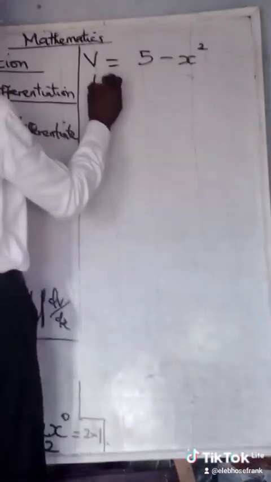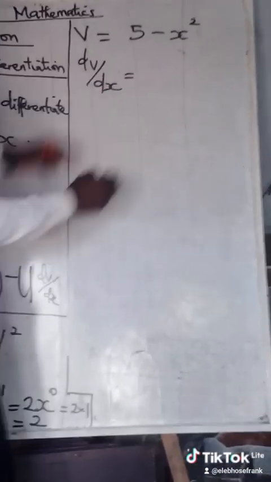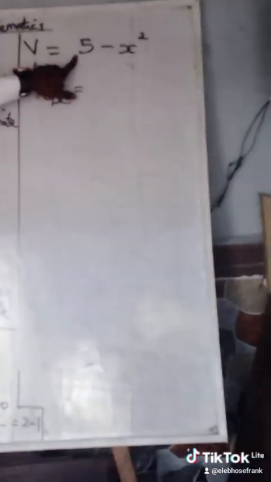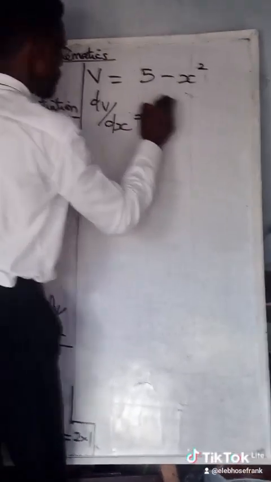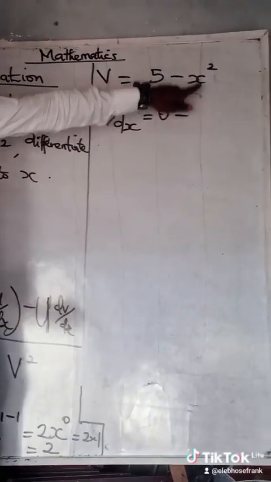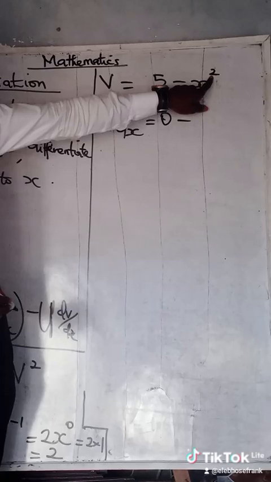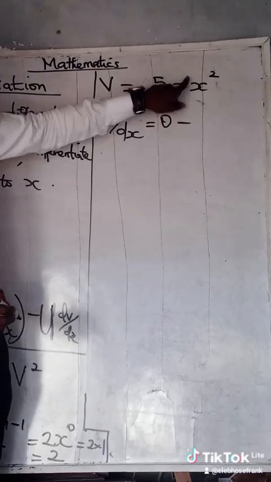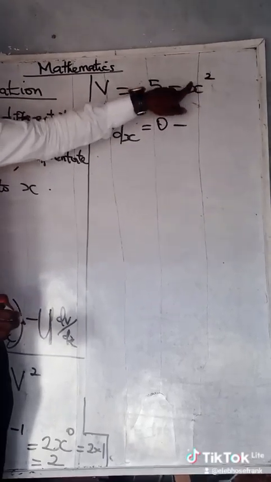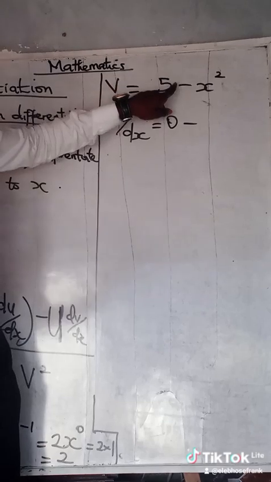Next we differentiate v with respect to x. So dv/dx equals, remember 5 is a constant. Why is it a constant? No variable is attached to it. And remember, differentiating a constant equals 0. So this is 0 minus, now look at the power. The power here is 2, so 2 is going to multiply the coefficient of x. For x squared, automatically the coefficient is 1.